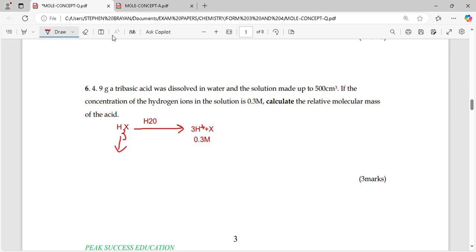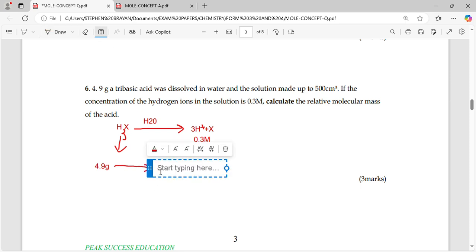The grams of the acid that was used in this particular experiment was 4.9 grams. And these 4.9 grams, they were dissolved in what volume? It was in 500 cubic centimeters.